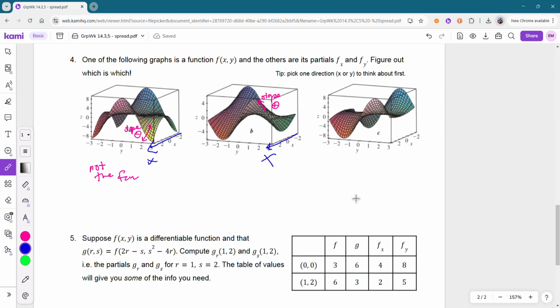And if that's true, then looking at our two other graphs, this function wouldn't be its partial with respect to x because that value is negative there. But over here, this could work out.